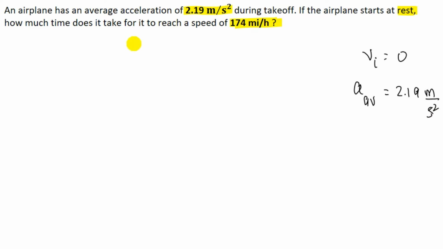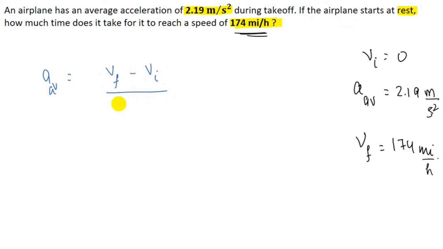Now we need to find the time at which the speed reaches this much. So the final velocity should become 174 miles per hour. From the definition of average acceleration, we can write that average acceleration is equal to Vf minus Vi divided by Tf minus Ti.